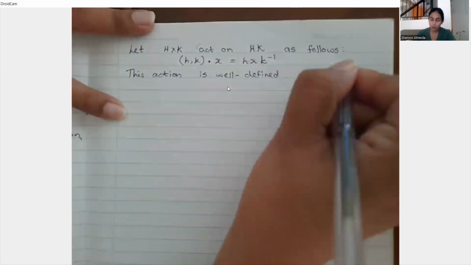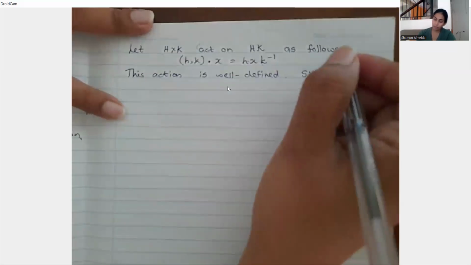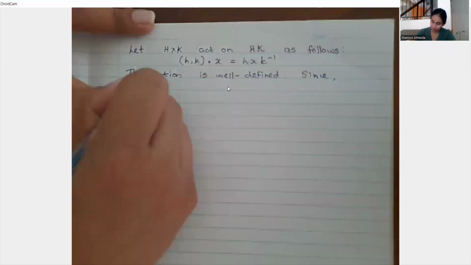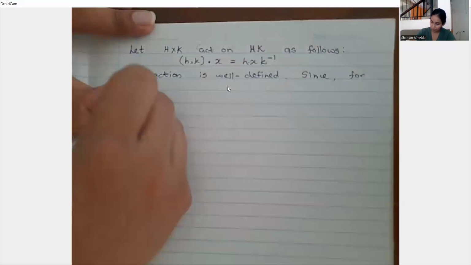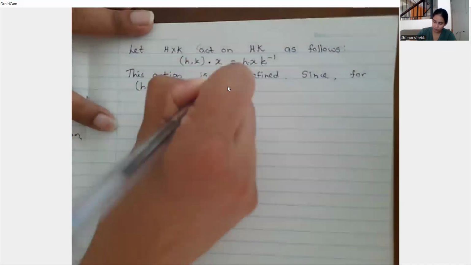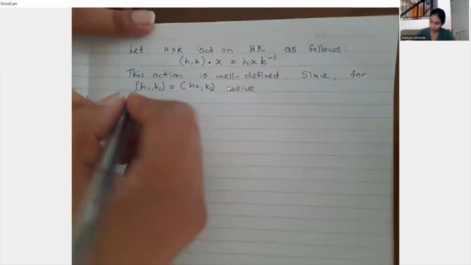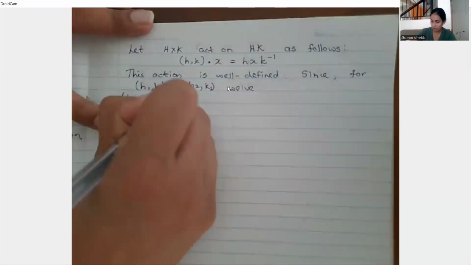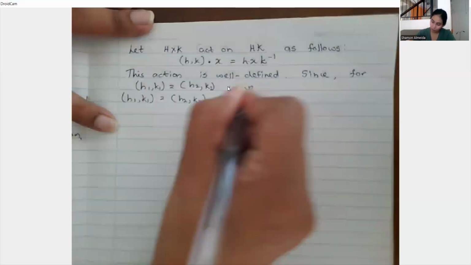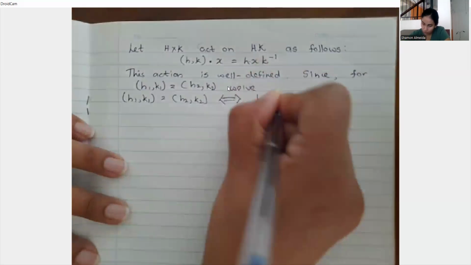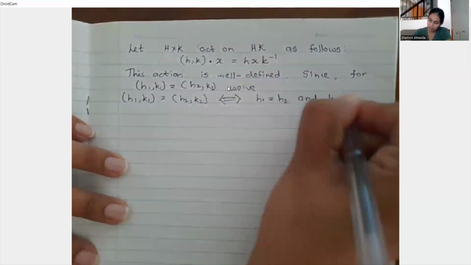Since if you take two elements (h1, k1) and (h2, k2) from H cross K, and if those two are equal, so (h1, k1) equals (h2, k2), we have (h1, k1) equals (h2, k2) if and only if h1 is equal to h2 and k1 is equal to k2.